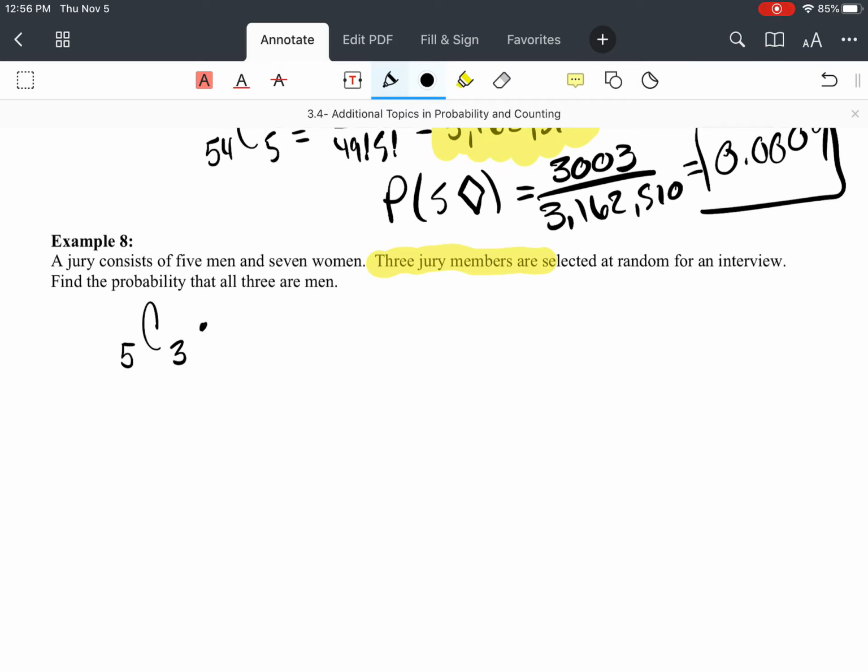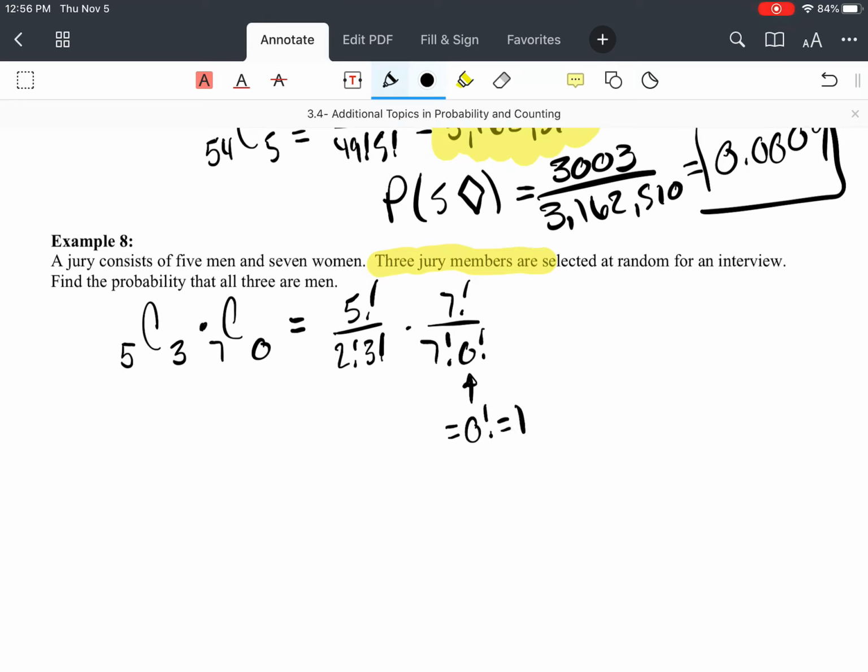So we have 5 men, and we want to choose 3 of those, which means that we're going to multiply that by, well, we have 7 women, and we don't want any of those. This would be 5 factorial over 2 factorial times 3 factorial, times 7 factorial over 7 factorial times 0 factorial.